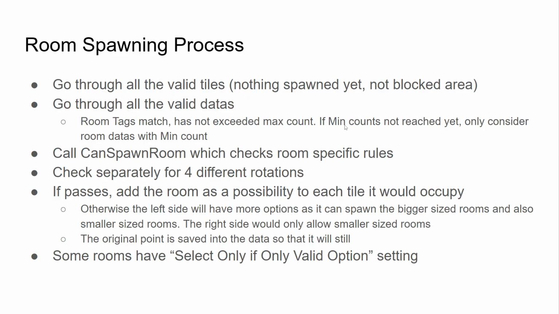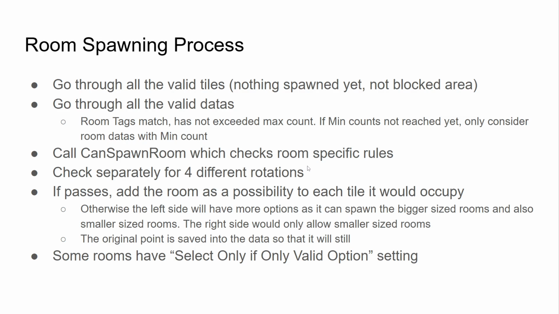If there is a min value count for the room, then like I said before, it will try to spawn those rooms first. So it will make sure they always get a good position in the grid, because if I didn't do it, it might not spawn at all, since it might check them very last or something.